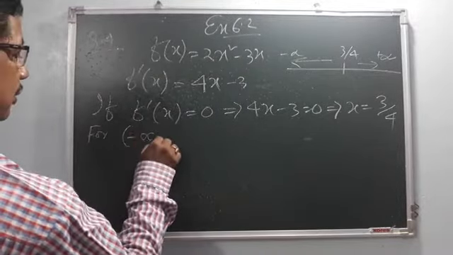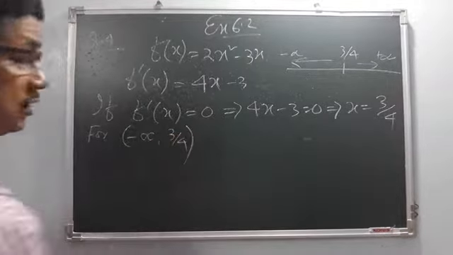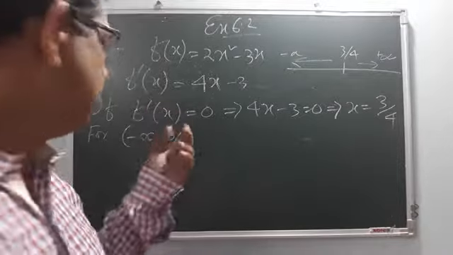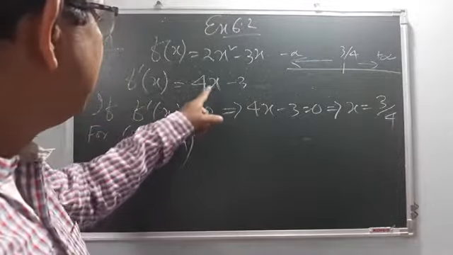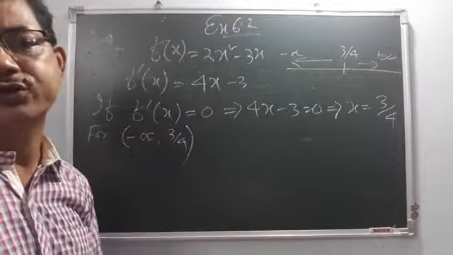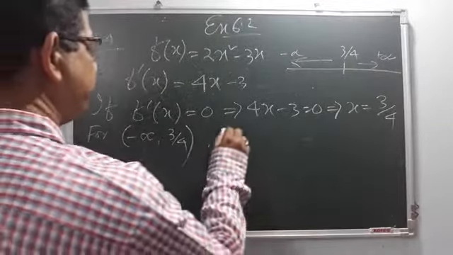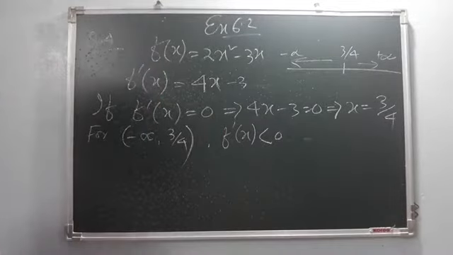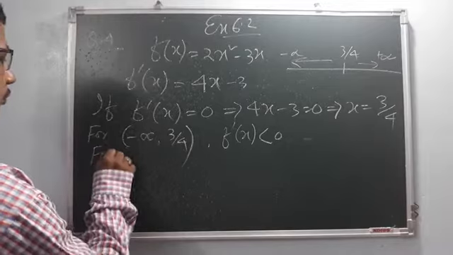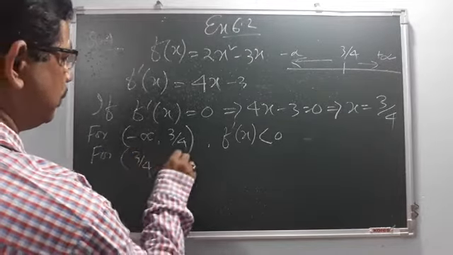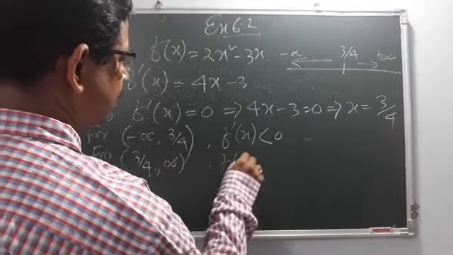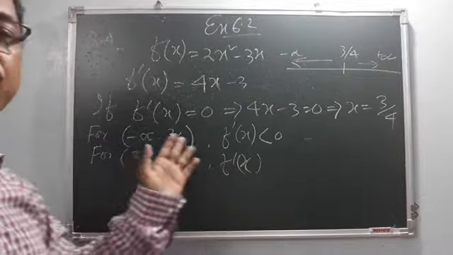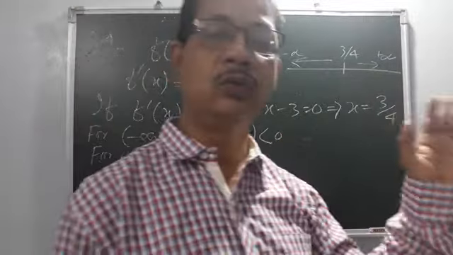So for minus infinity to 3/4, if we consider this interval, any point you take, suppose 0 lies in this one. If we put 0 here, then f'(x) is minus 3. So f'(x) is negative. And for 3/4 to plus infinity, f'(x) will be what? Any point you take after 3/4, 1, 2, 3, 4 up to infinity.